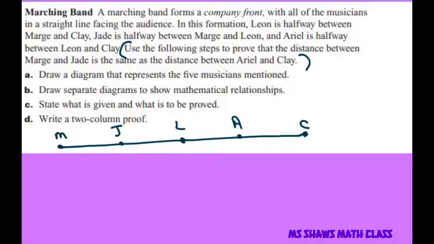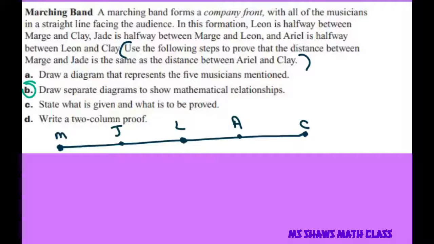Ariel is halfway between Leon and Clay, and Jade is halfway between Marge and Leon. So now they want us to draw separate diagrams to show mathematical relationships.